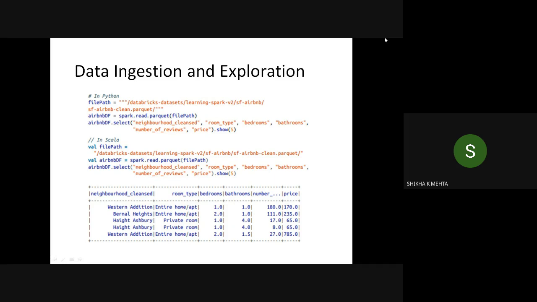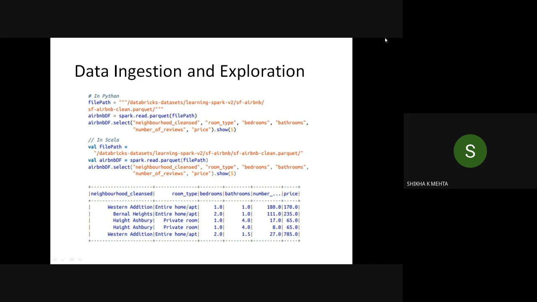The various features, or attributes, of that data that are being used are neighborhood, room type, bedrooms, bathrooms, number of reviews, price, like that. So these are the four or five features in this particular data. We have first read the data from here.